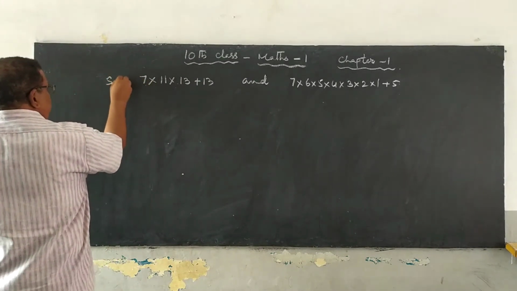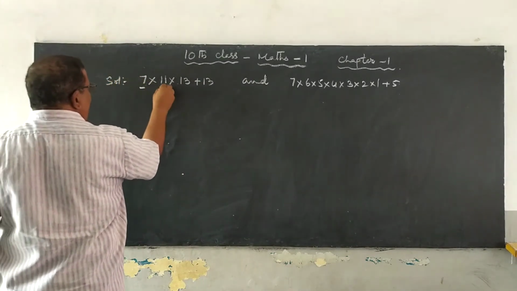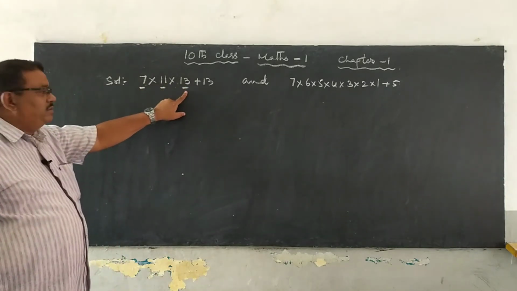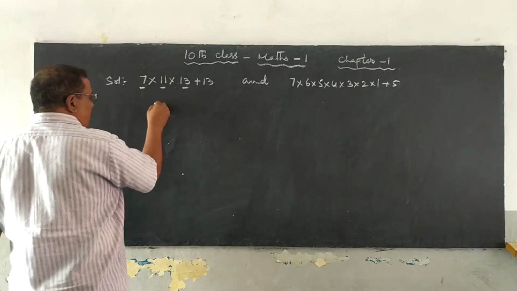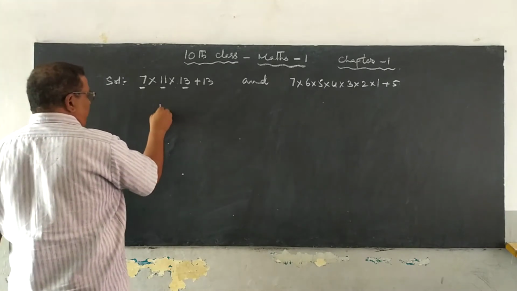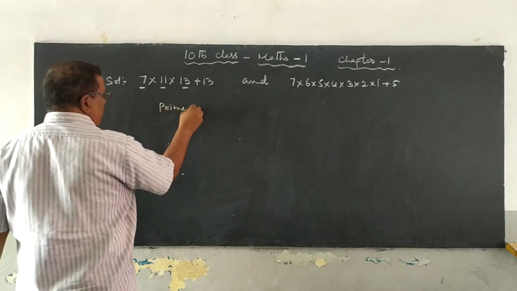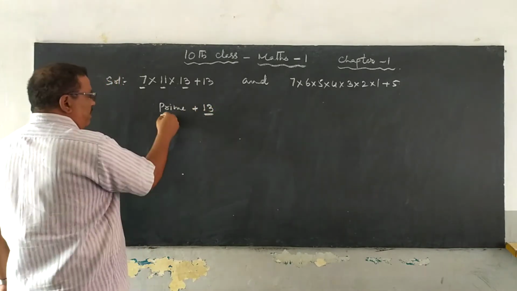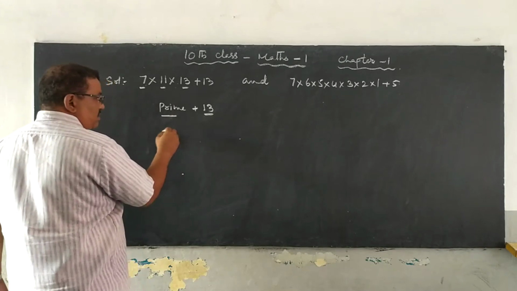In this problem, 7 into 11 into 13 is prime into prime into prime. Then we add 13, prime plus prime. What will be obtained?